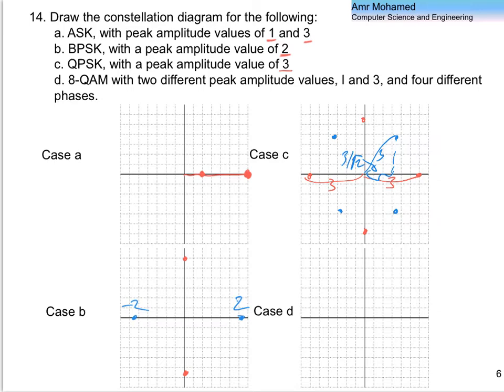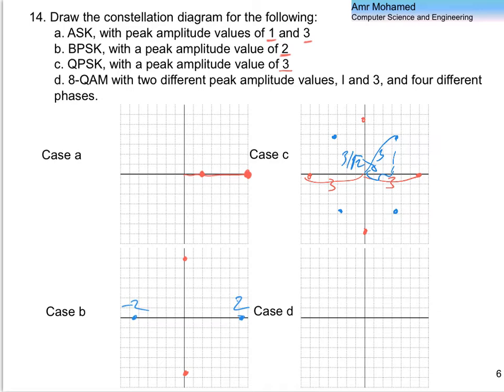For the case of 8 QAM, for QAM, it's quadrature amplitude modulation. We change both the amplitude and the phase. So 8 QAM can be represented as 2 QPSK, such that each QPSK has 4 symbols with the same amplitude.